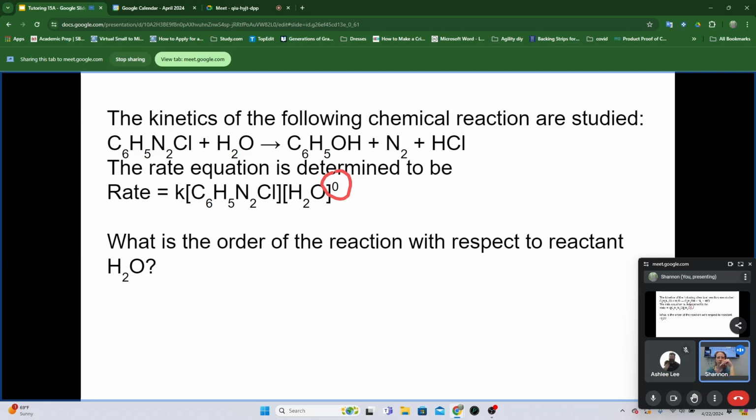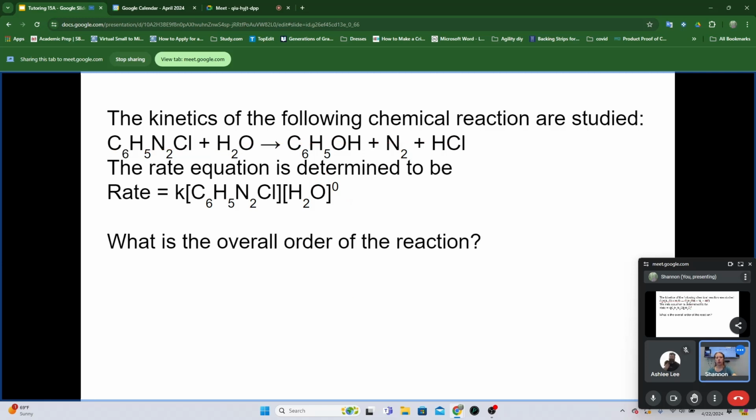Look at the rate equation. We're not looking at the balanced part right now; we're not going to actually use this at all. It's there, but we don't need it to solve these problems. So the exponent is 0.